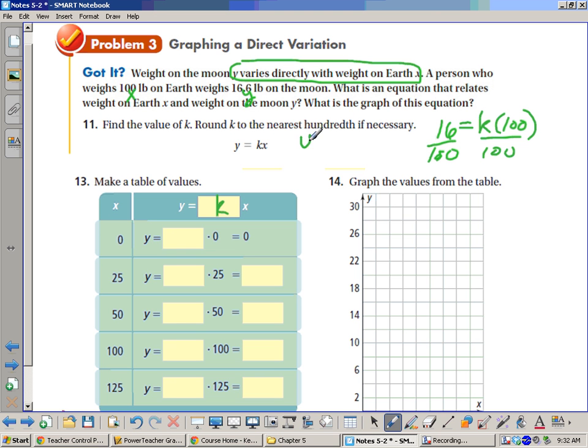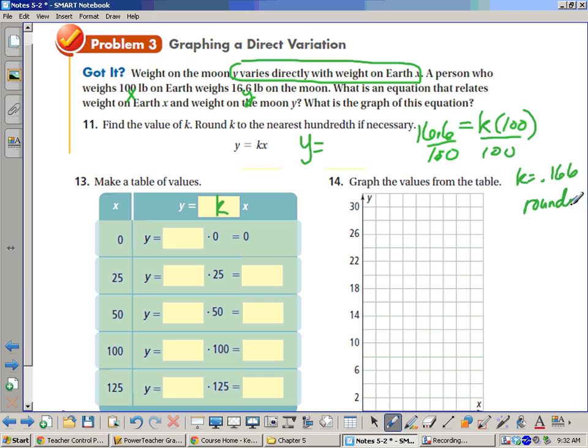I'm going to have to change that. And that was equal to 16.6. So if we divide 16.6 divided by 100, we get k equals 0.166.